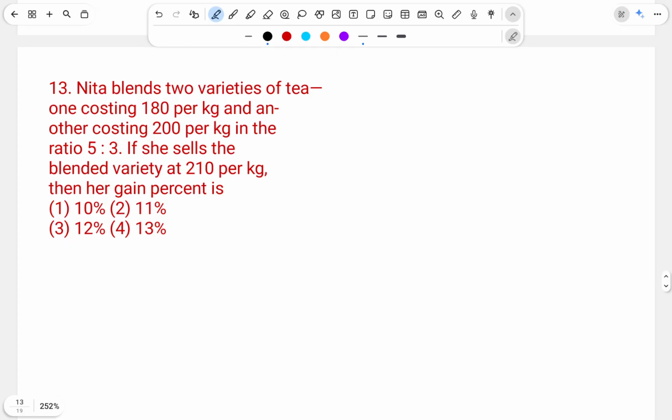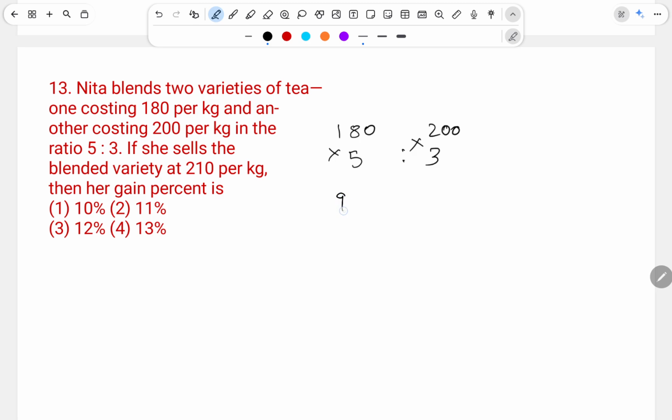Neeta blends two varieties of tea. One costing 180 per kg and another costing 200 per kg, in the ratio 5 and 3. If she sells the blended variety at 210 per kg, then the gain percent will be. So first of all, find the CP, means multiply. It is called weighted average.